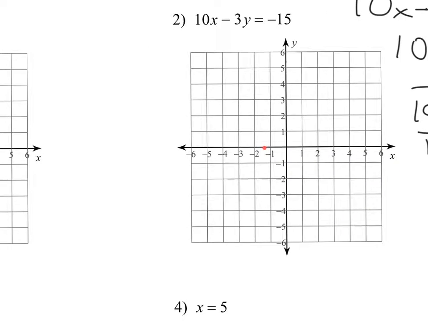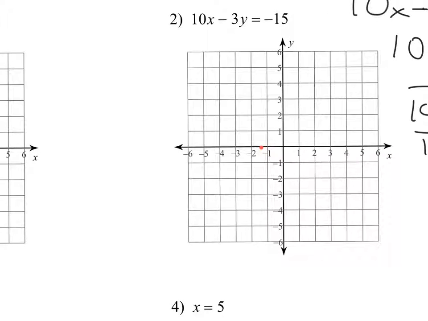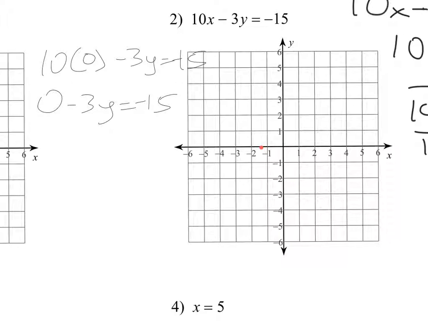So I'm going to move over just a little bit more. I'm going to say 10 times 0 minus 3y equals negative 15. 10 times 0 is 0. Minus 3y equals negative 15.